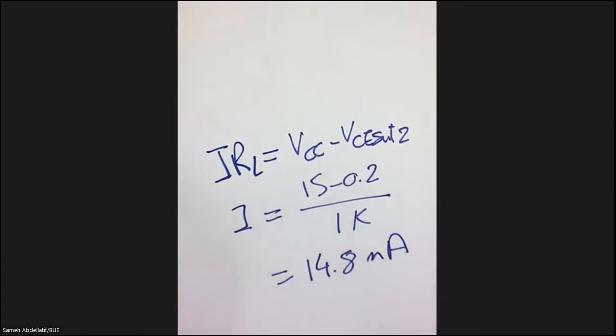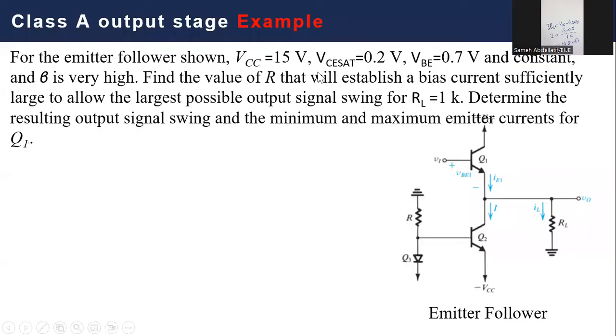But back to the question, you will find that the question is not to calculate the I. The question is to calculate the R, or the resistance that will lead to this I. Here, we have to correlate this 14.8 milliampere with this resistance. Basically, from this graph, you can see that there is no direct correlation.